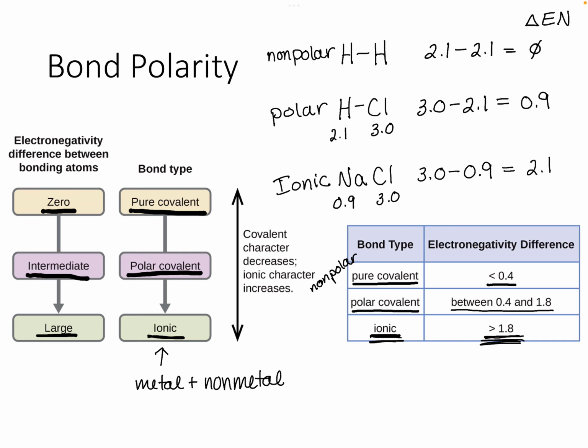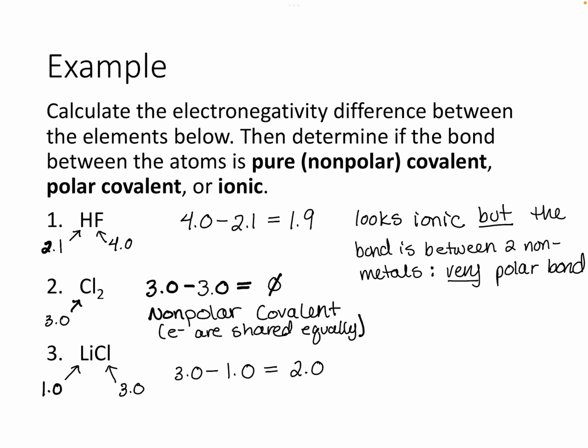So 2 is greater than 1.8. So that means this would be an ionic bond. But let's just make sure. Remember, ions have a metal and a nonmetal, and that is true here. Lithium is a metal, chlorine is a nonmetal, so this would be an ionic bond. So that means that electrons are transferred between the atoms.